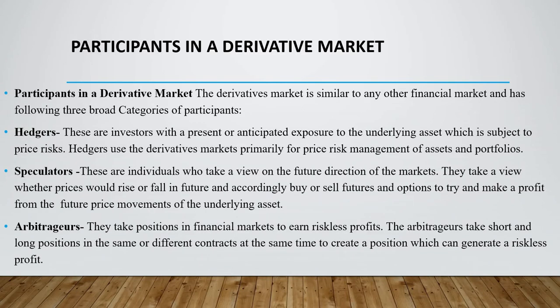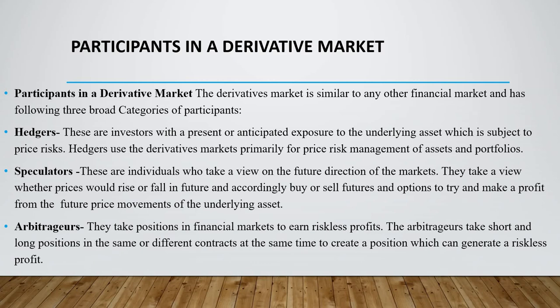Next are the participants in the derivatives market. What are the different participants involved in this market? The derivatives market is similar to any other financial market. We already studied other financial markets like the primary market and secondary market, and there also we studied the different participants.